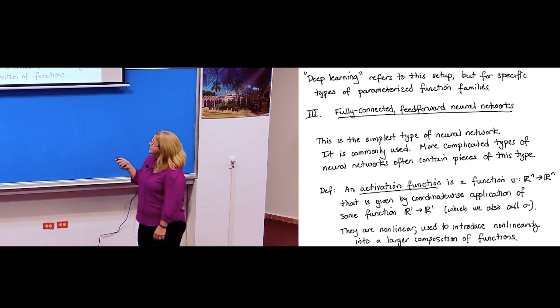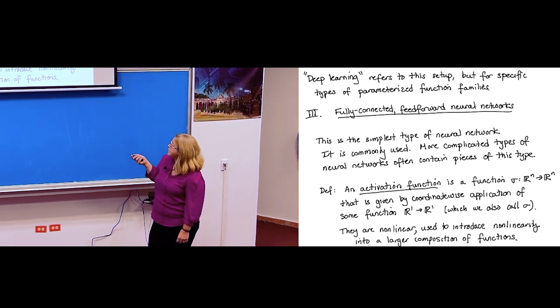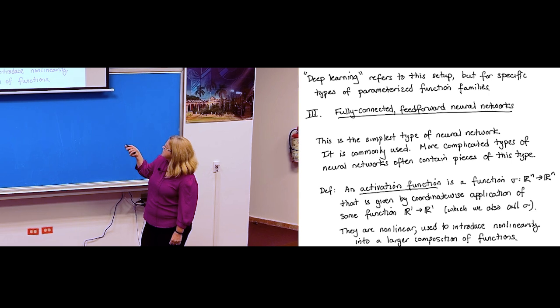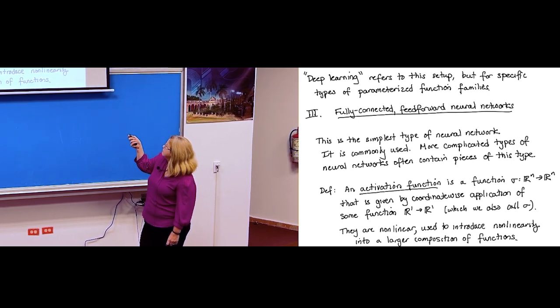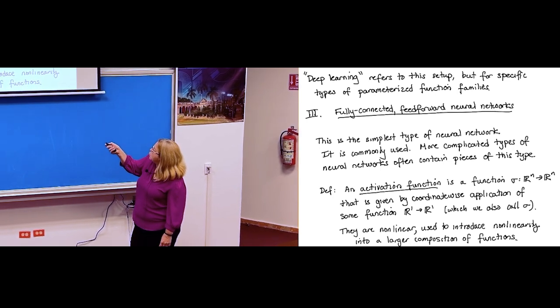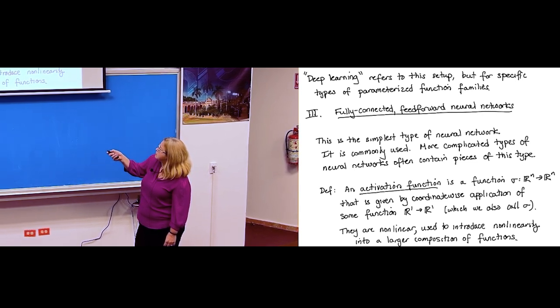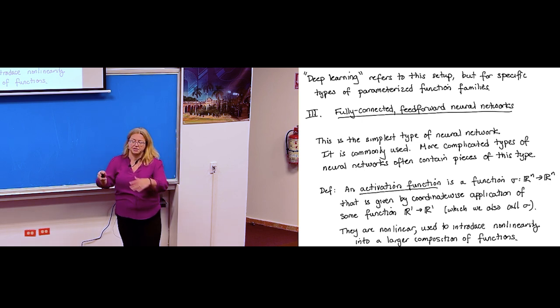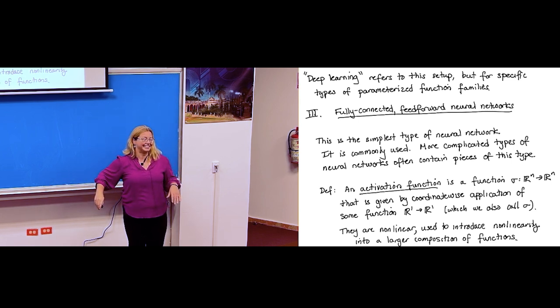Before I define this, I need to first define something called an activation function. An activation function is a function, which I'm going to denote by sigma, that goes from Rn to Rn, where n could be anything, and it is given by coordinate-wise application of some function that goes from R to R. So just to be clear, you have a function from R to R, and coordinate-wise means you just apply it to each coordinate separately.